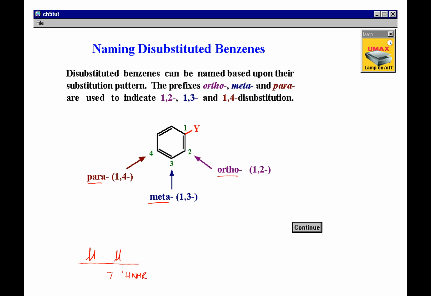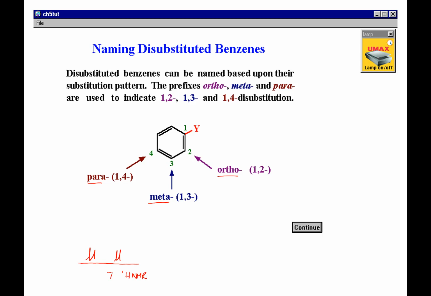If it's not, then you don't know whether it's 1,2 or 1,3. But para has a very specific characteristic spectrum. Okay. So that we're going to have to remember, and we'll get to doing those kinds of reactions probably after break.